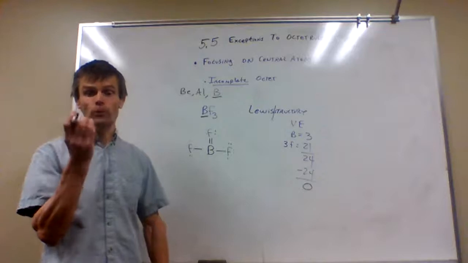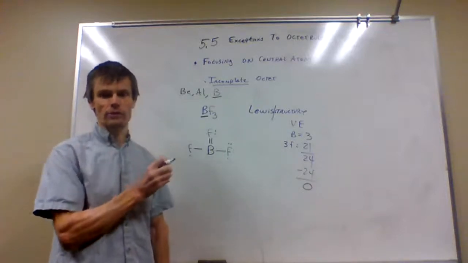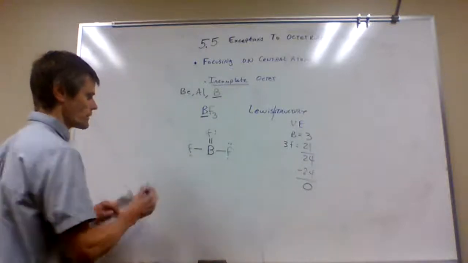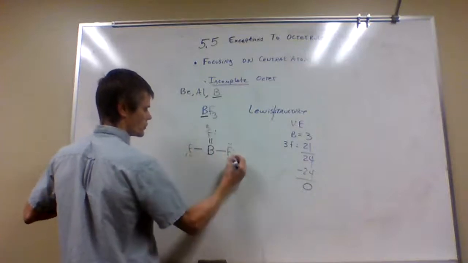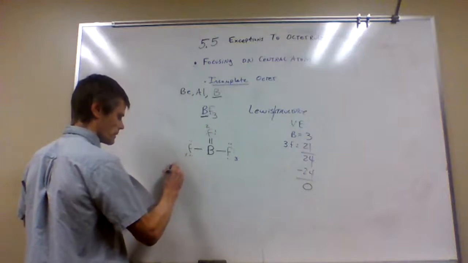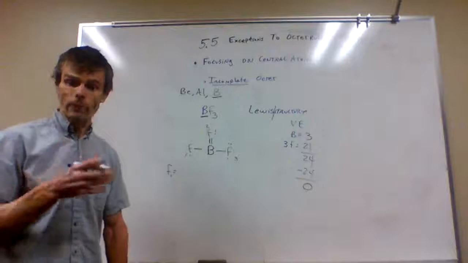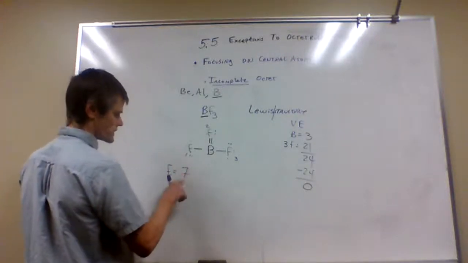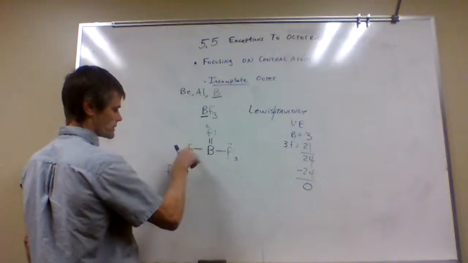We can use formal charge to help us understand why this isn't a good structure. So let's look at this fluorine right here. We'll call this 1, we'll call this 2, and we'll call this 3. Let's look at fluorine 1. If we account its formal charge, remember it's the valence electrons, 7, minus the assigned electrons, 2, 4, 6, 7.